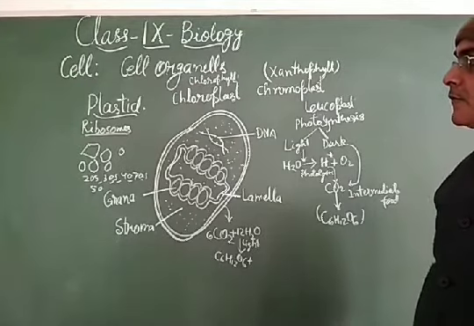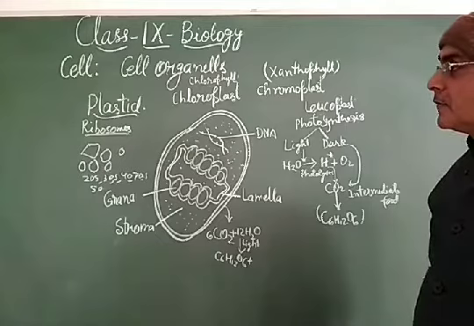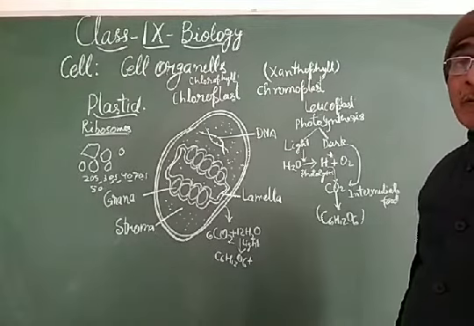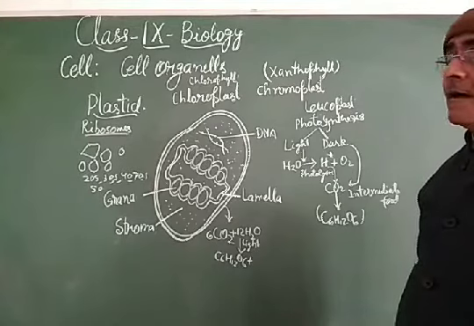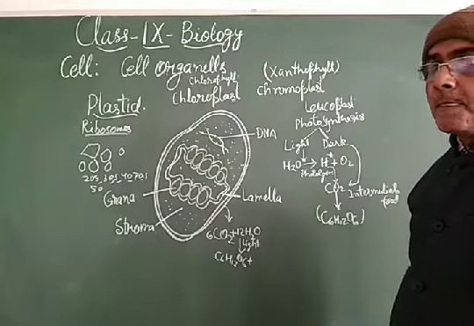So ribosomes are found independently in the cell, in the cytoplasm, as well as on the endoplasmic reticulum, and that endoplasmic reticulum is called rough endoplasmic reticulum. So protein synthesis is done by these ribosomes.